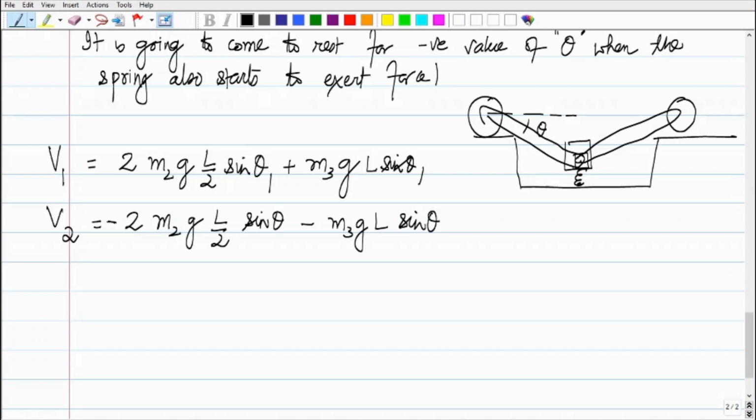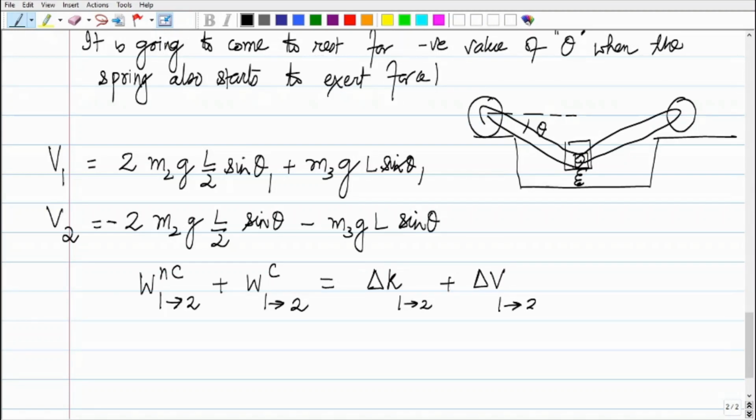So when we come to the work energy principle, the work done by the non-conservative force in going from 1 to 2 plus the work done by the conservative force in going from 1 to 2 is equal to delta K in going from 1 to 2 plus delta V in going from 1 to 2.